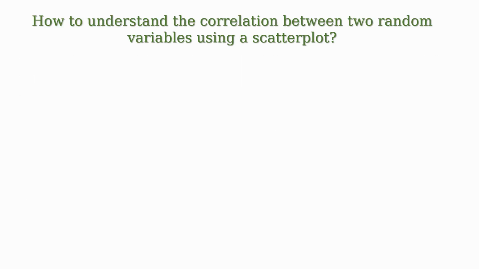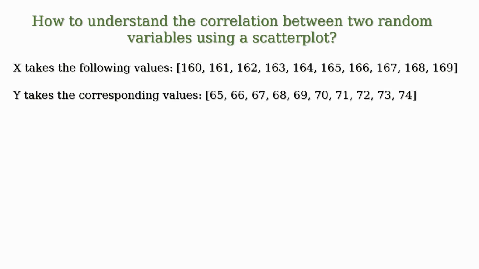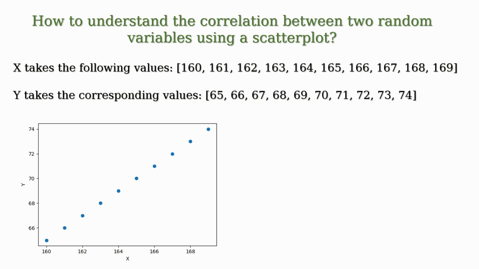Let's say capital X takes the following values and capital Y takes the corresponding values. Now, if we plot the data in a scatter plot, the scatter plot will look like the following. We can see from the plot that if we increase capital X, capital Y also increases.